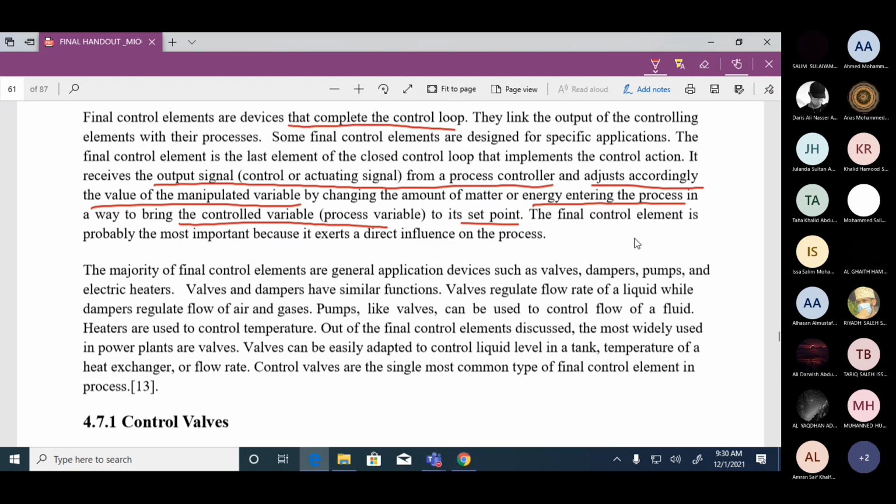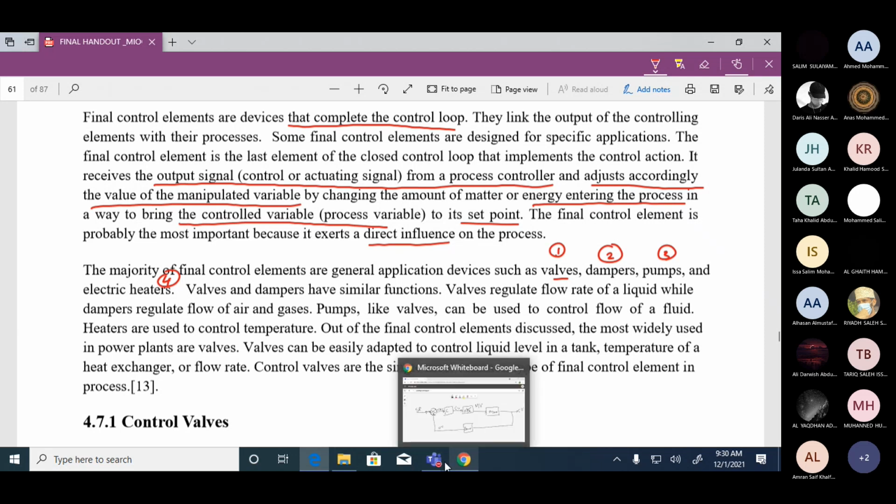So the final control element is very important because it is directly influencing the process. Examples of final control elements are valves, this is one, dampers, pumps, and heaters. Now valves and dampers have similar functions.